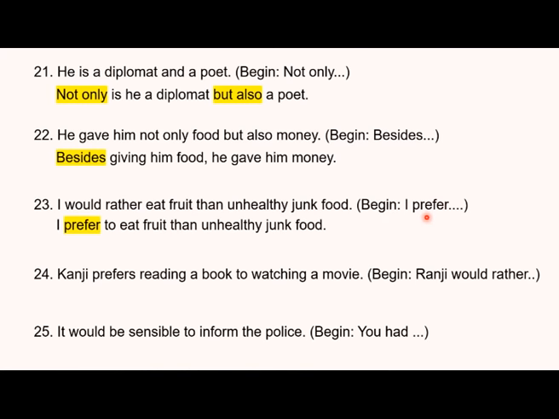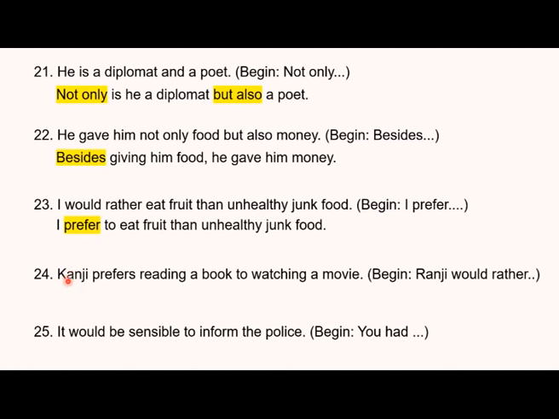So the answer will be, I prefer to eat fruit to unhealthy junk food. Please don't use "rather" and "prefer" in the same sentence. Some sentences that I have read go like this: "I would rather prefer to eat fruit than unhealthy junk food." That would be wrong. So remember, they can be used in place of each other.